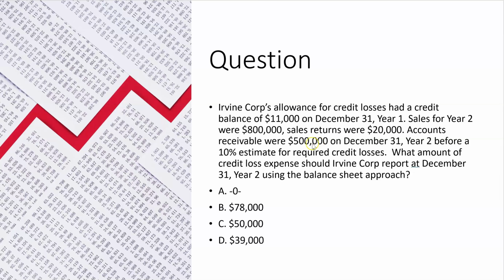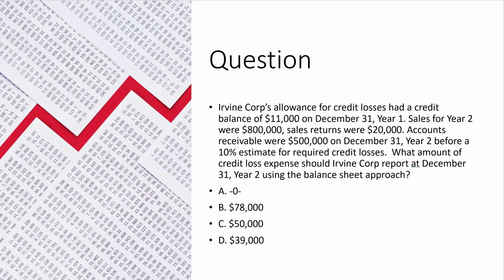How about this though? Accounts receivable were $500,000 on December 31st, year 2, before a 10% estimate for required credit losses. Okay, now we're getting somewhere. We're going to take 10% of 500,000 accounts receivable, and that's going to be our ending balance of the allowance for credit losses account. So that means $50,000 you got to put in your T account as the ending balance for the allowance for credit losses.